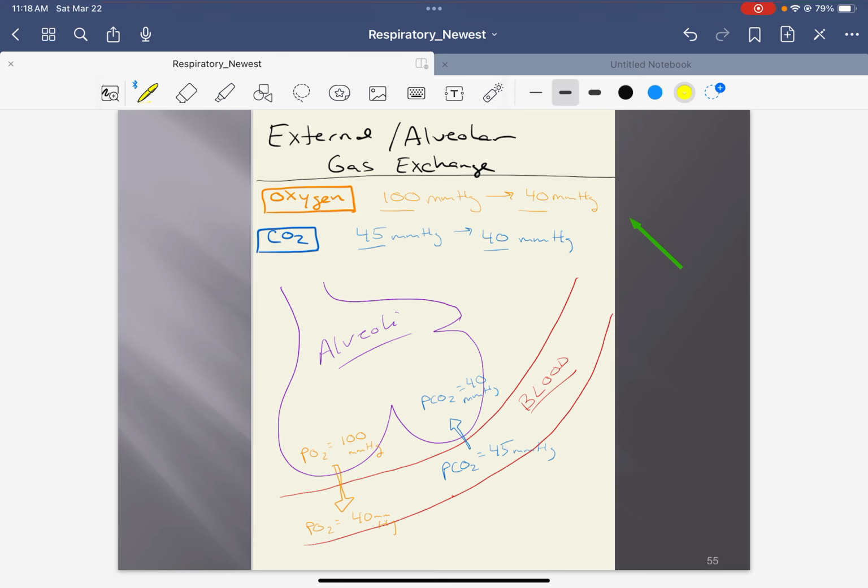I've tried to add pictures. People get this confused, so whatever you need to do, try and keep it simple. External or alveolar gas exchange between the alveoli and the blood, lungs and the blood. How does oxygen move? Oxygen is moving from the lungs into the blood.